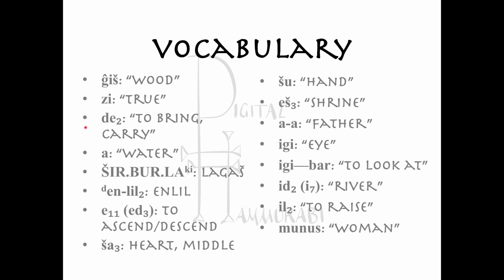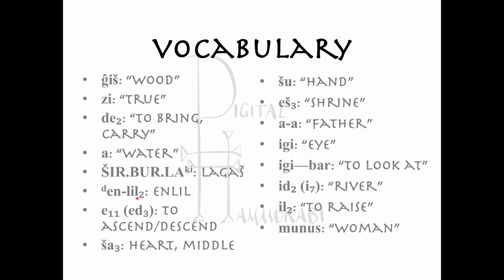Detu, to bring or to carry. Water. Shir Bor La Ki. Shir Bor La Ki is the city of Lagash. I'm giving you this one because you're going to see it an awful lot in the inscriptions we're going to do. But these all together make the word Lagash. Shir Bor La Ki. And we'll talk about this type of a construction later.